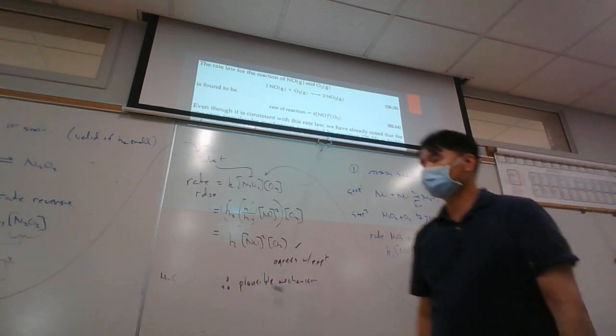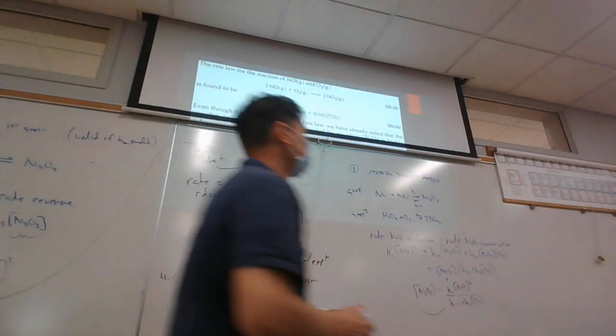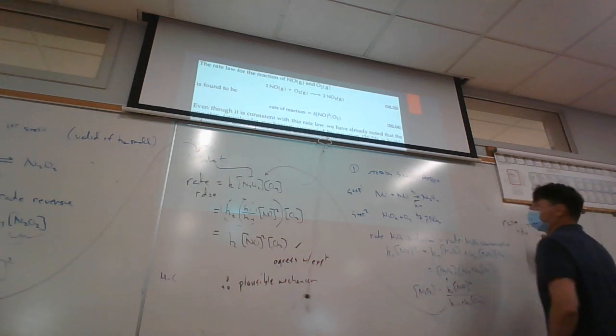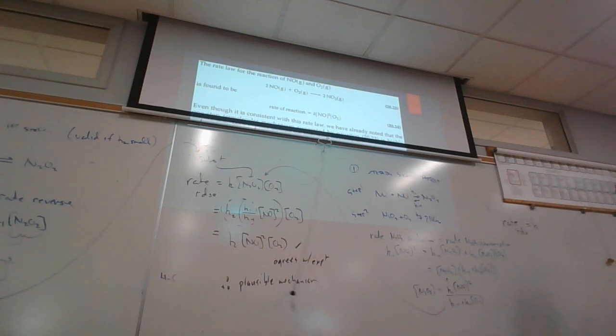And so what we're going to end up with is the rate of the RDS is equal to K2, and now I'm going to plug this whole thing in here: K1 NO squared over K minus 1 plus K2 O2, and then this is going to be times the O2 concentration here.